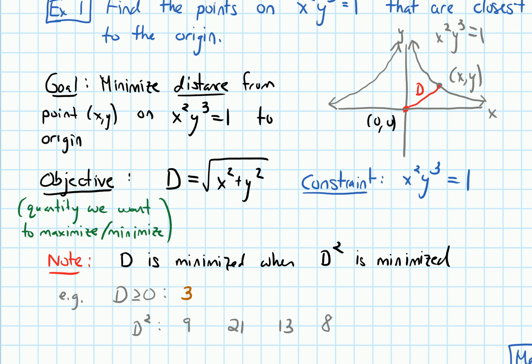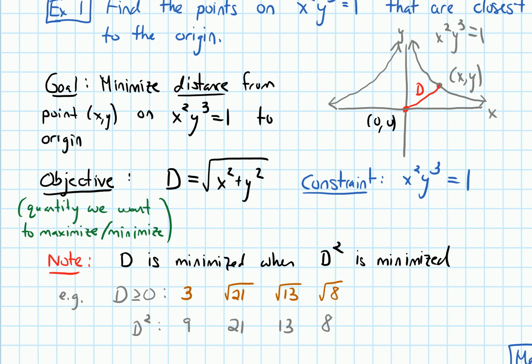I don't have to worry about plus or minus, because d is the square root of some stuff, and a square root can't be a negative number. The way the square root function is defined, it always outputs the non-negative value. The square root of 21 is square root of 21, for 13 it's square root of 13, and for 8 it's square root of 8.